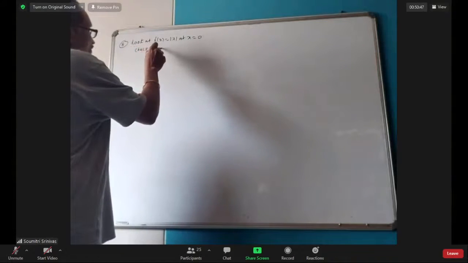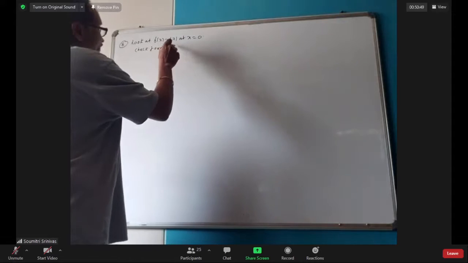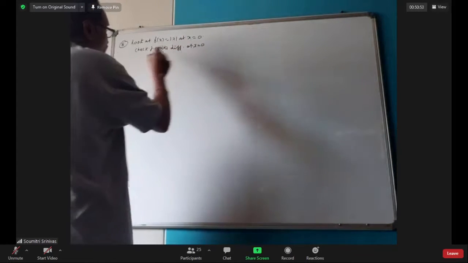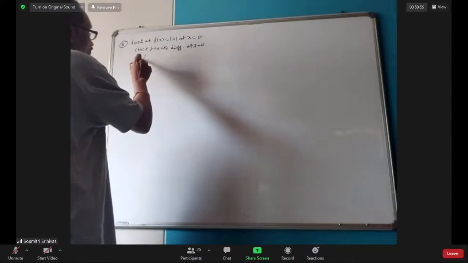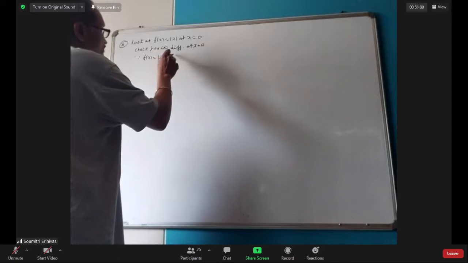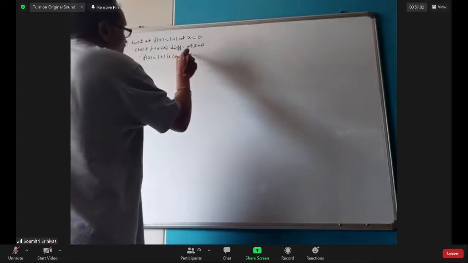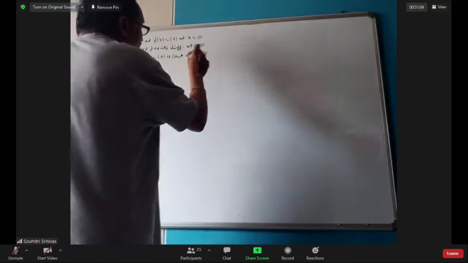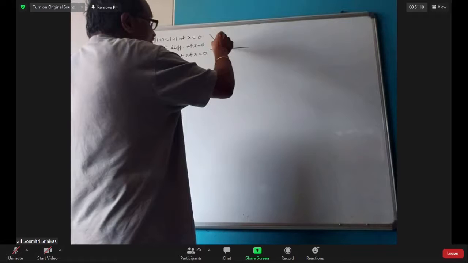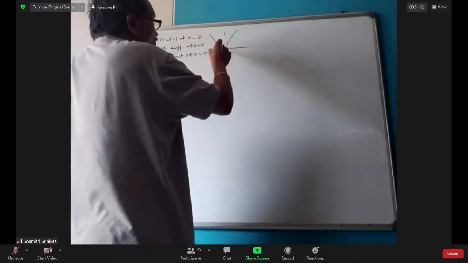Check for its differentiability at x is equal to 0, since f of x is equal to mod x is continuous at x is equal to 0. Am I correct? Is the function continuous at x is equal to 0? Yes, sir.